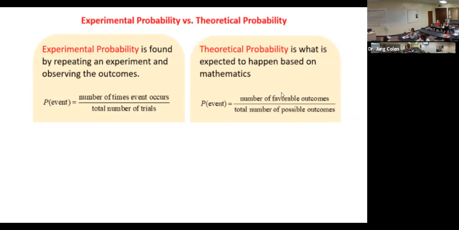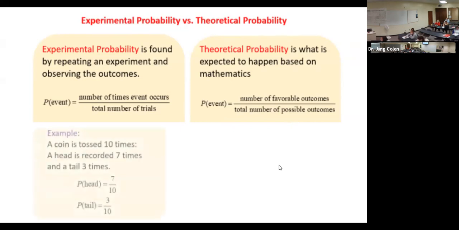So you need to think about number of favorable outcomes to the event over number of possible outcomes. For example, what's the probability of tossing one coin and getting head? Just head, right? And what's the sample space? Head or tail? 2, so 1 over 2, something like that.